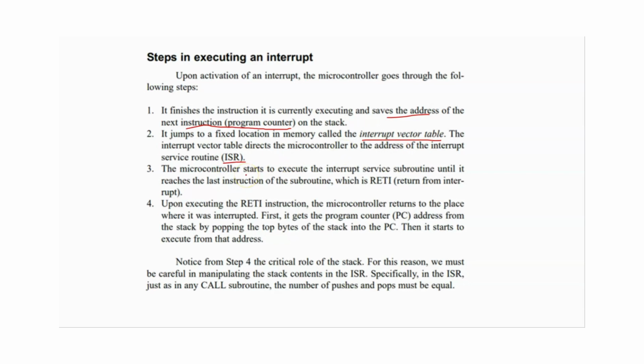In the third step, the microcontroller starts executing the interrupt service routine until it reaches the last instruction, which is the return interrupt instruction. After this, it wants to go back to where it was interrupted.